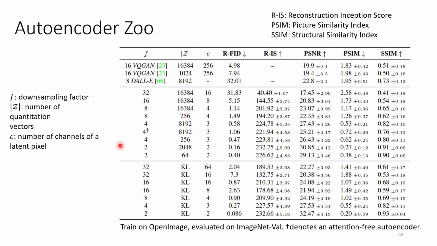For this column, it uses VQGAN, where the encoder generates a discrete quantized vector, but for the KL case, it generates a continuous vector.